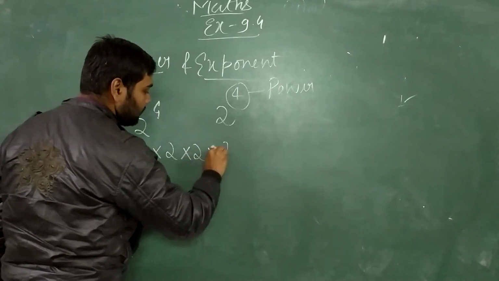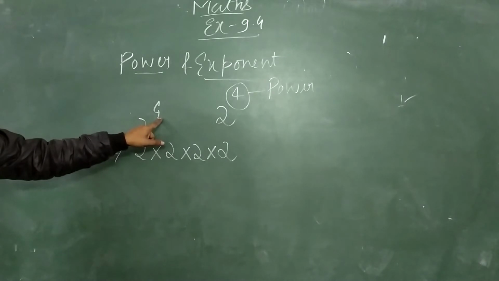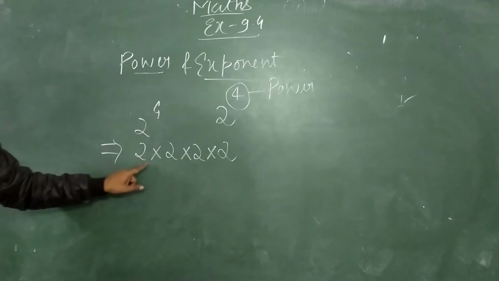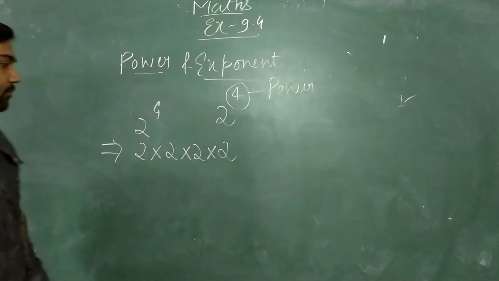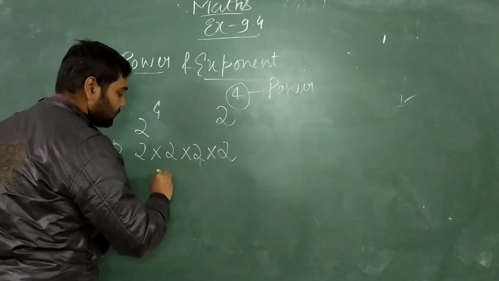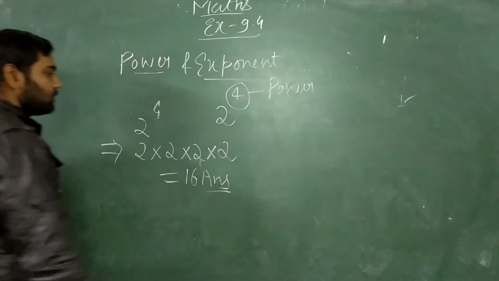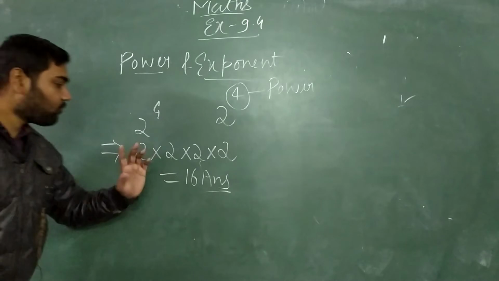We have to multiply the number 2, 4 times. If the power is 4, then the number will be multiplied 4 times. So 2 times 2 is 4, 4 times 2 is 8, 8 times 2 is 16. The answer is 16.